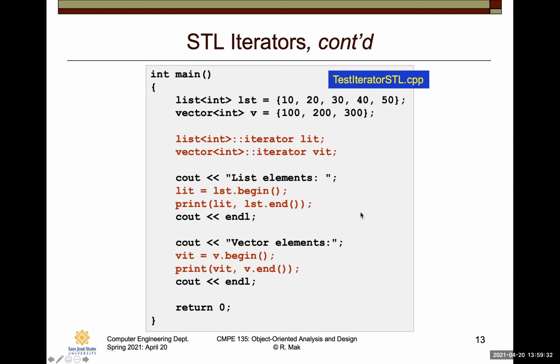All right, so hopefully you'll now appreciate the differences between iterators from the point of view of the iterator design pattern, and iterators from the point of view of the standard template library.